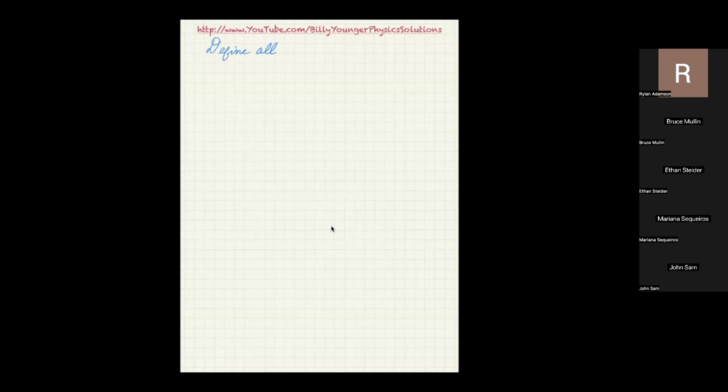Define all boldface terms in chapter 21. Now that's a general rule for this whole course.